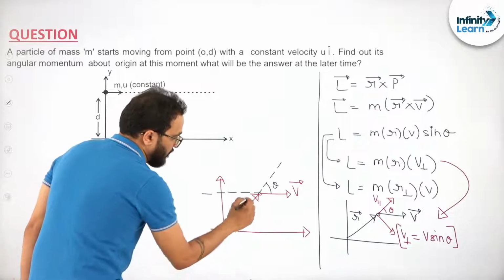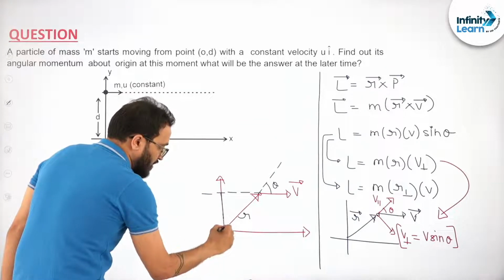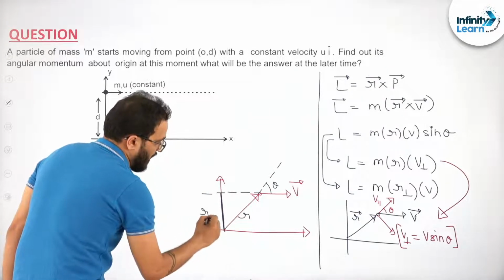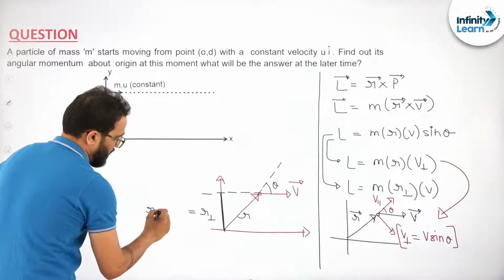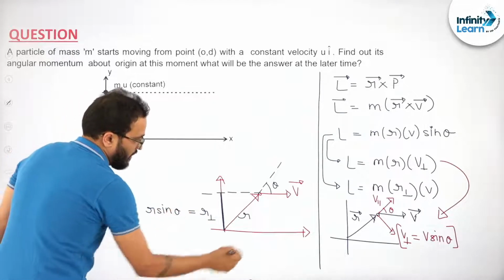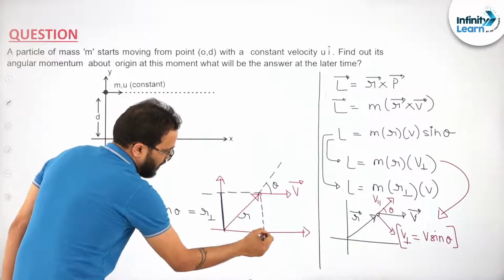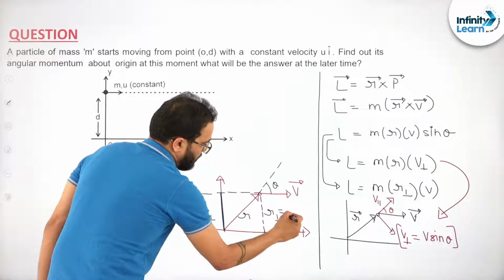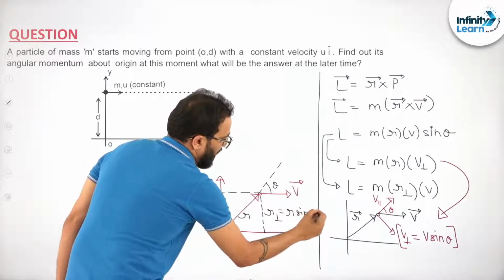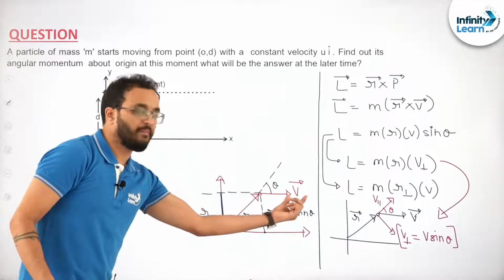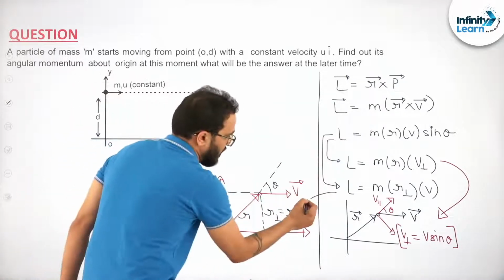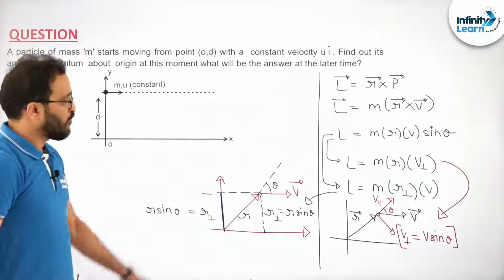So we can say that this distance is r perpendicular, or we call it r sine theta, right? So either we can say r perpendicular into m into v, that means this way. Are you understanding? So both ways are correct.